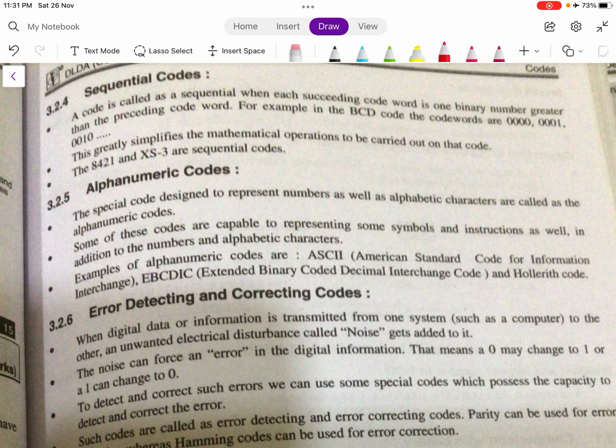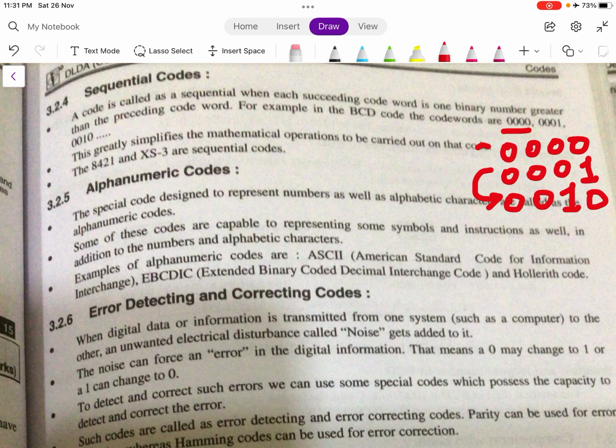For example, 0000, then 0001, then 0010, that is one binary number greater each time.